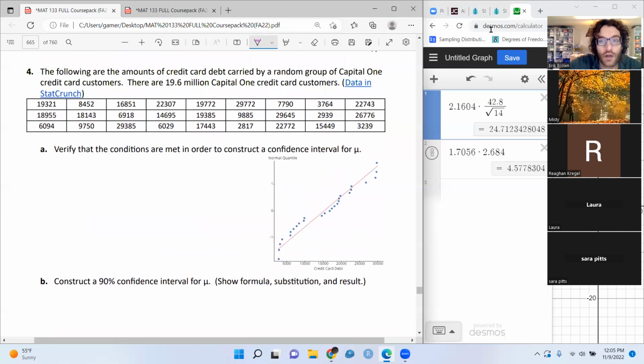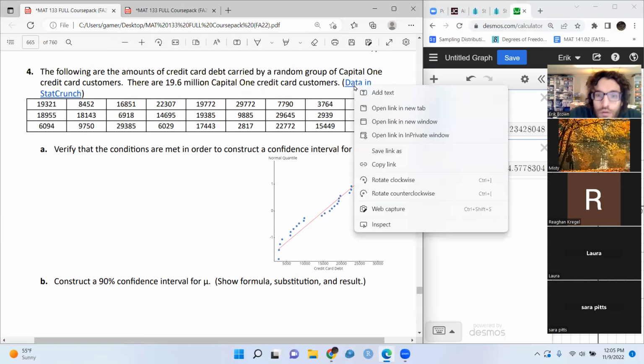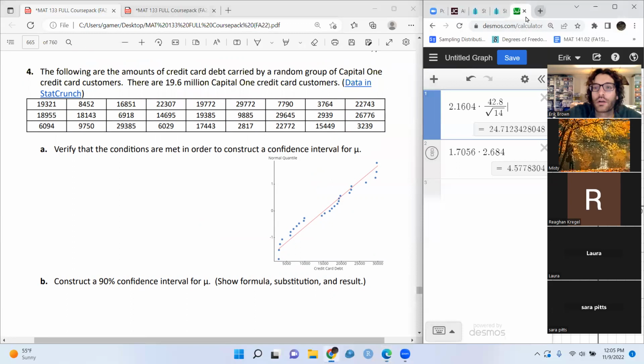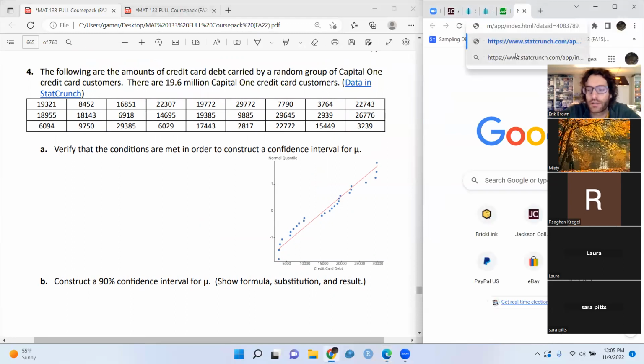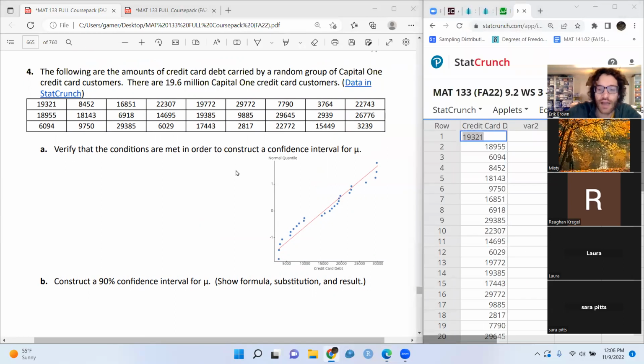So first off, we have a data set. Please don't type that data set. If I can figure out how to turn this off. Did I just do it? I did. I'm going to figure out the copy link where this is, StatCrunch. In fact, I'm going to toss it into chat.